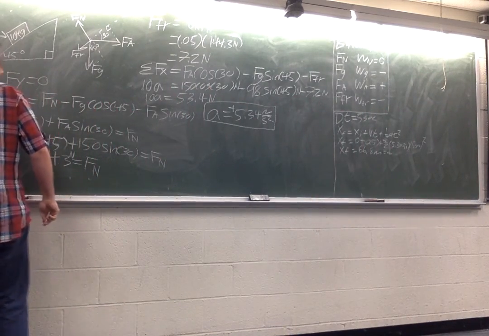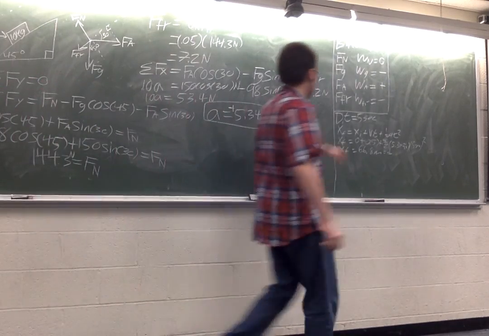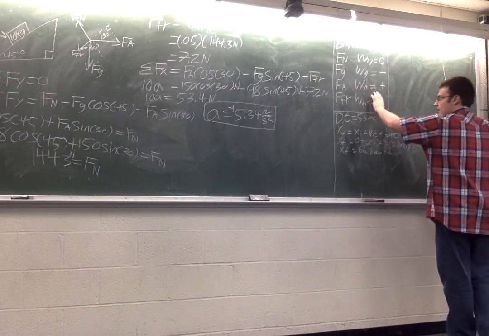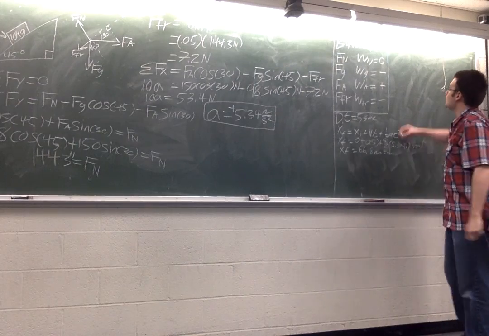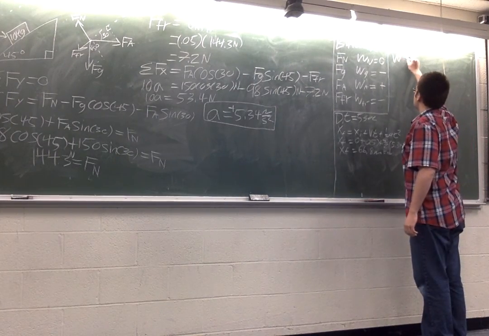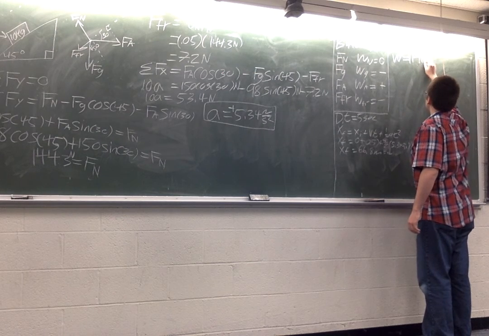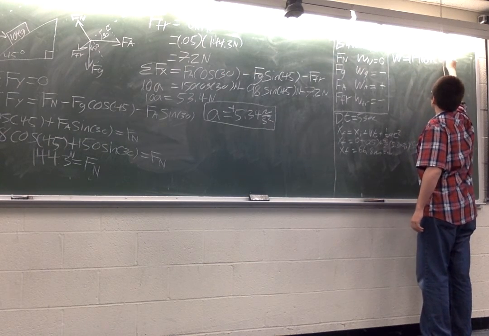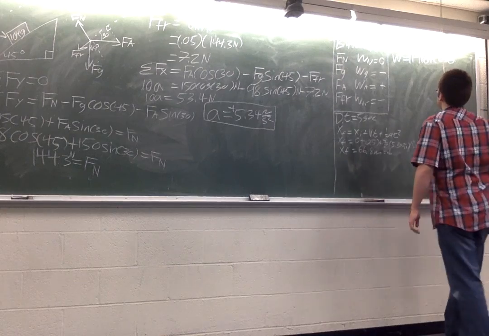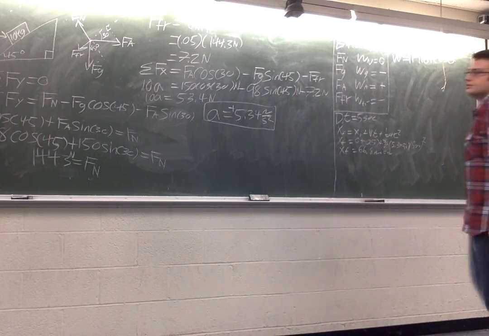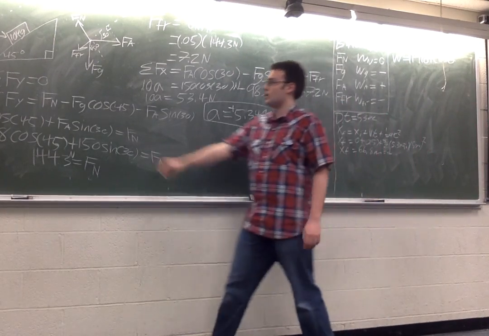So now we need to find the work that each force is doing. We know that work is equal to force times distance, the magnitudes of both, times cosine theta, where theta is measured from where the motion is going.